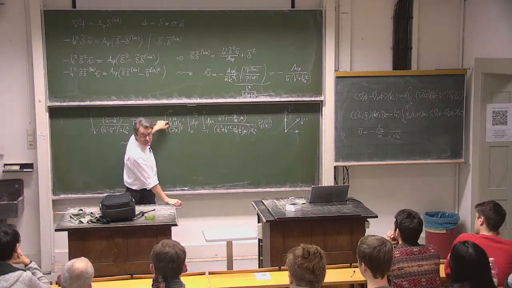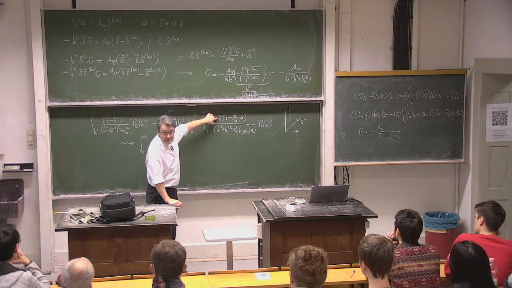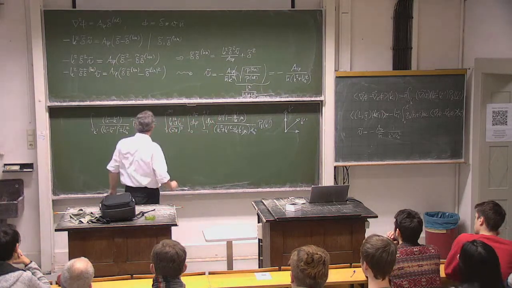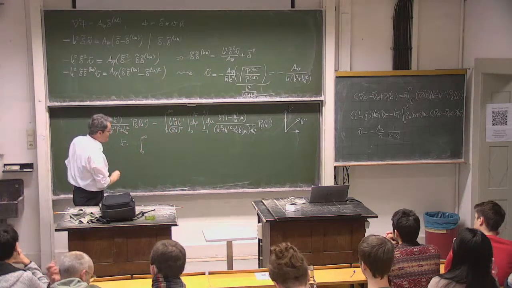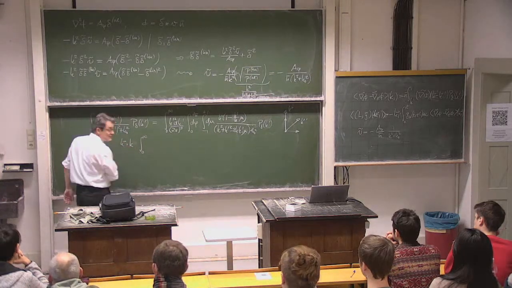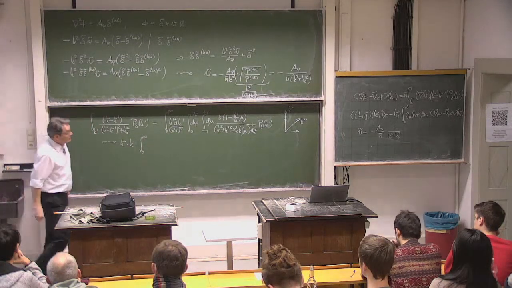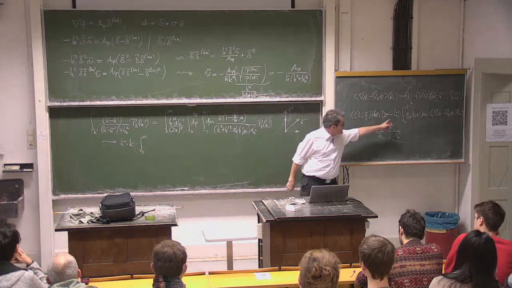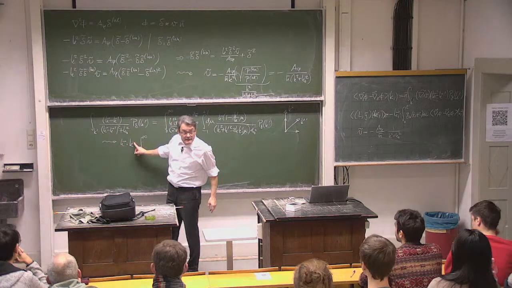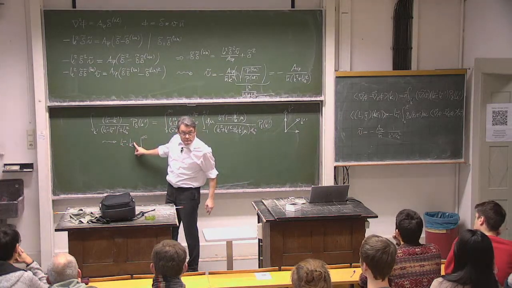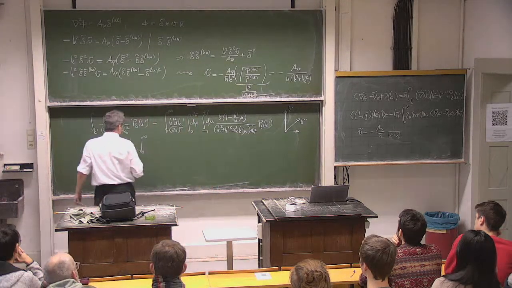So this gives me a factor of k cubed. This gives me another vector k here. So this will be vector k times absolute value of k. And later, we will have to multiply by another vector k, so that the total thing will go like k cubed. It will go like k cubed. All right.